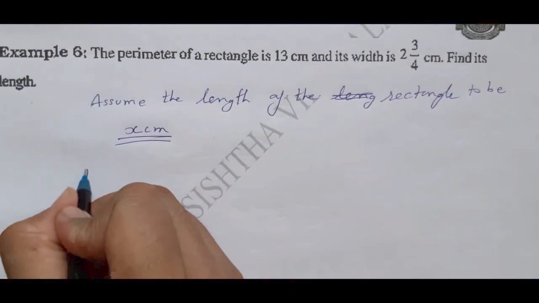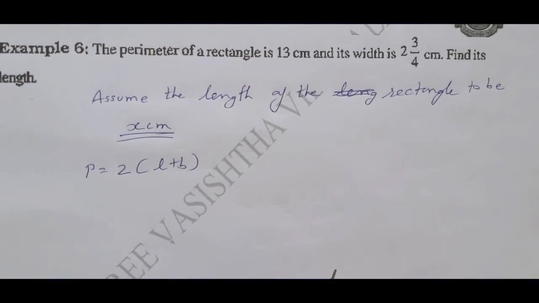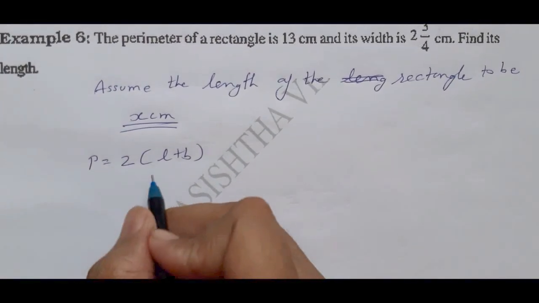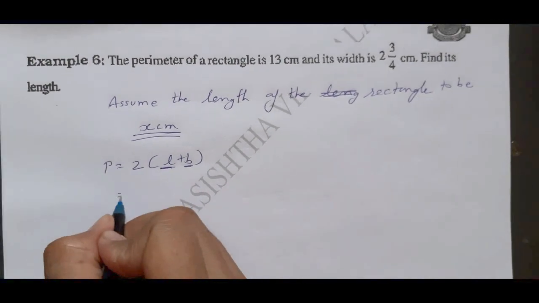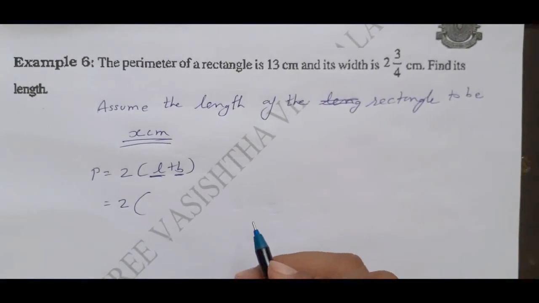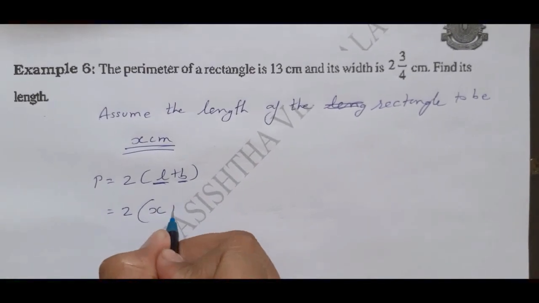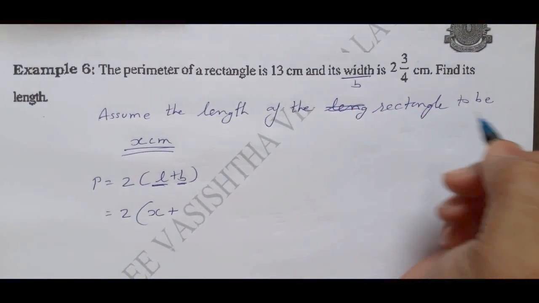So we know that perimeter is equal to 2 bracket L plus B, where L means length and B means breadth. Now here we have assumed length is equal to x and breadth is given here, this width is considered as breadth.